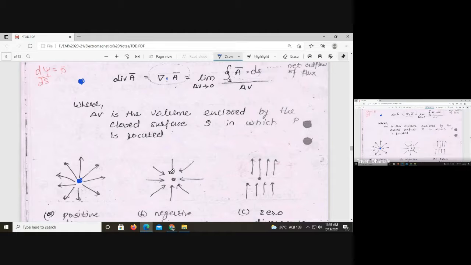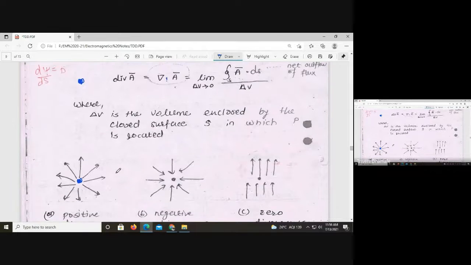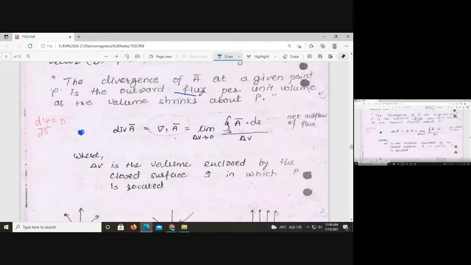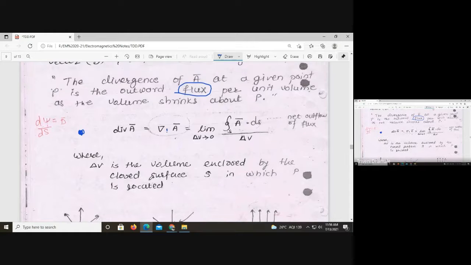That is the property of the charge. So, that means flux. Those lines are the electric flux lines from one charge to another charge. That is known as the electric flux.